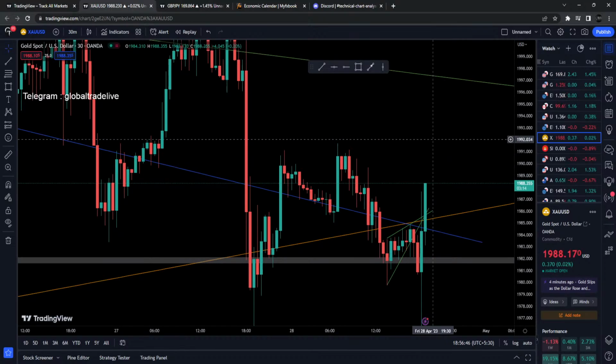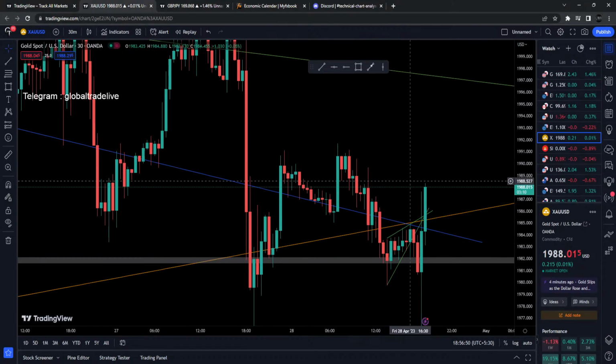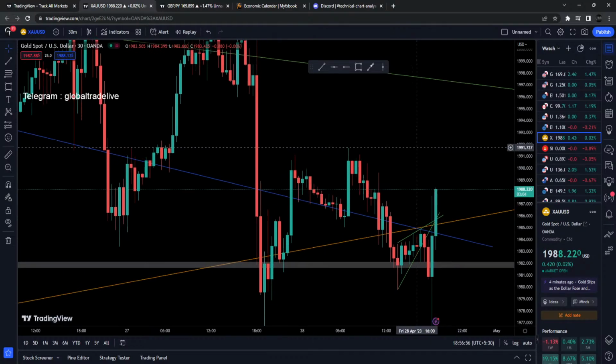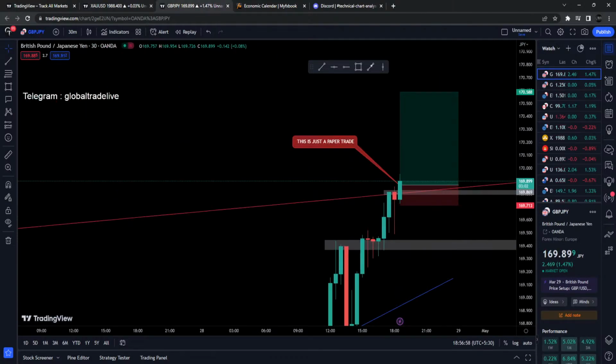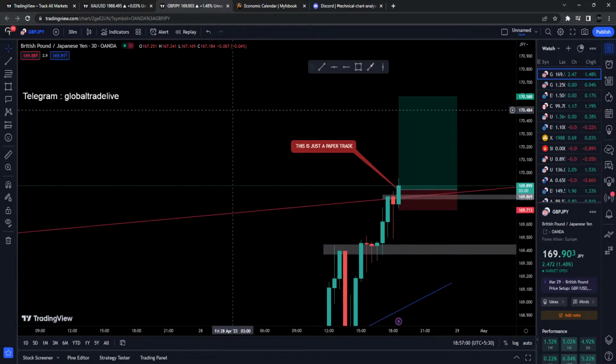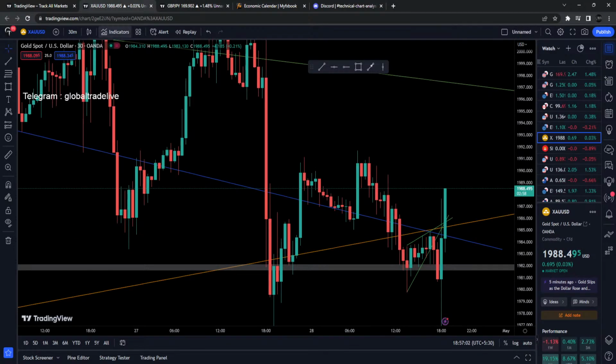I will definitely happily miss this move because this won't be happening again and again. But the thing I'm talking about will be happening again and again. So everything is just about probabilities.